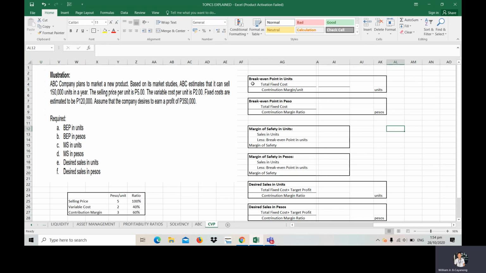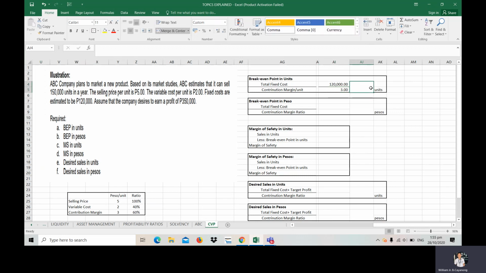Now, let's have the first requirement, break-even point in units. We need our total fixed cost divided by our contribution margin per unit, since we are looking for units. Our total fixed cost here is 120,000 based on the problem given, and our contribution margin per unit is 3 pesos.